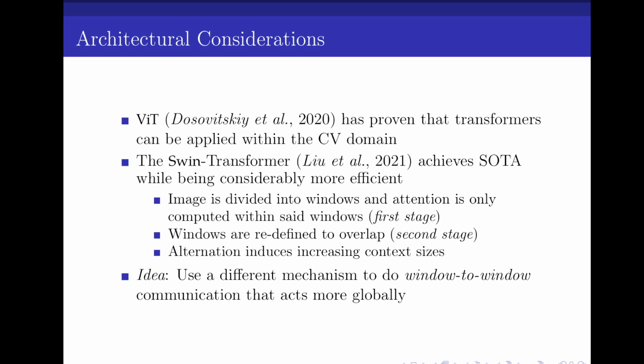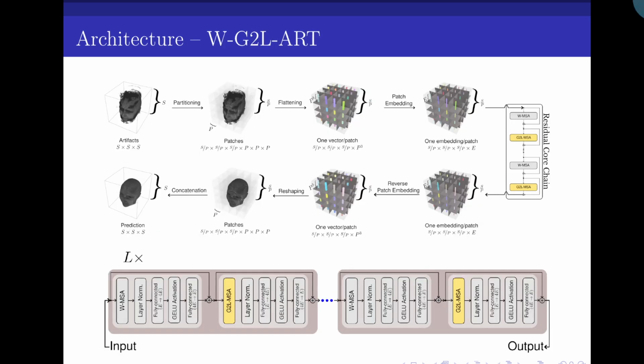If you do this, however, then you have no window-to-window communication, and therefore you need a second attention type, which is called the shifted window attention. When you do this and iterate it, you get increasing context sizes. Our idea is to supplant the second attention mechanism with an attention mechanism that is global right away. So after one application, all the global information can be processed.